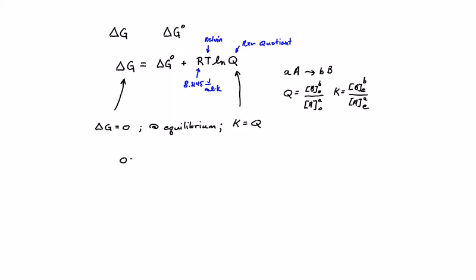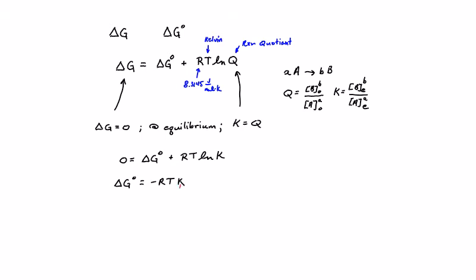And we get 0 is equal to the standard free energy change plus RT times the natural log of the equilibrium constant. And then we can rearrange this a little bit further, and we find that we can directly relate the free energy that we can actually calculate from a table to the value of the equilibrium constant.